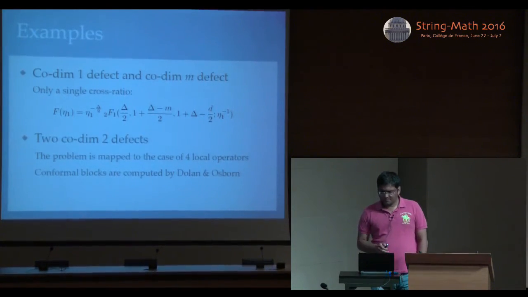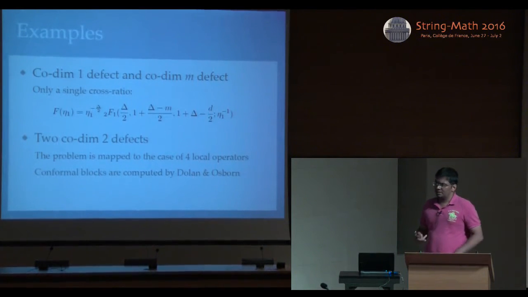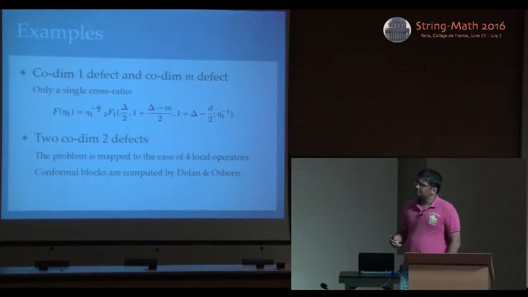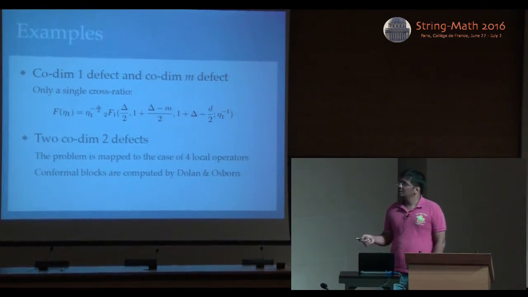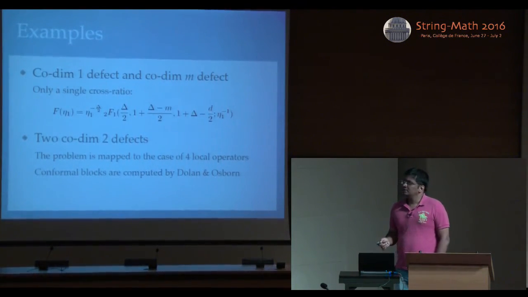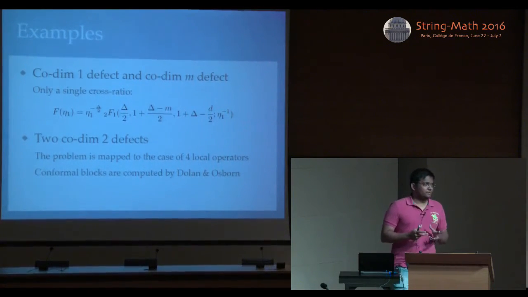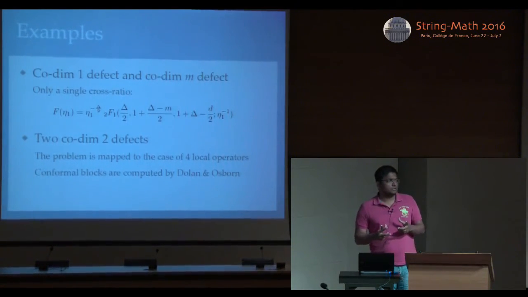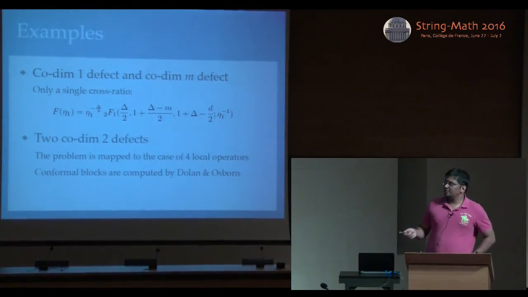Now, another interesting case, which could have applications for, say, computing entanglement entropy or Rényi entropy for 2 disconnected regions, is the case of 2 codimension 2 defects. In this case, the number of cross ratios turns out to be 2. Now, that sounds familiar because the number of cross ratios for 4 local operators is also 2. And it turns out it's not a coincidence.